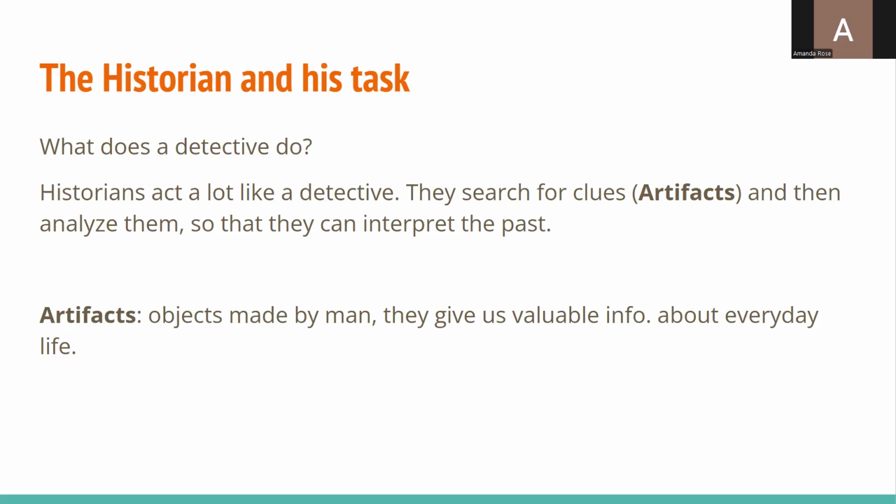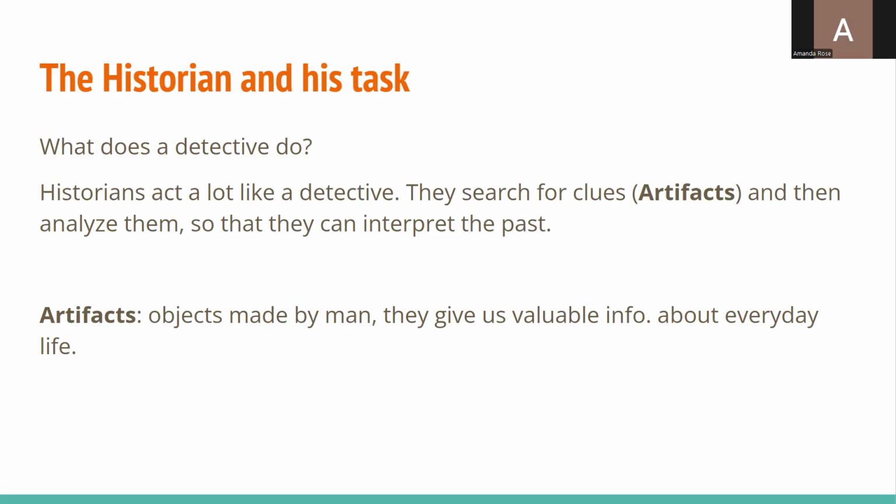Okay, artifacts are objects made by man. They give us valuable information about everyday life. So this would be something like an antique, pottery, tools, weapons, clothing, coins. All of those could fall into artifacts. So the historian also derives information from architecture.